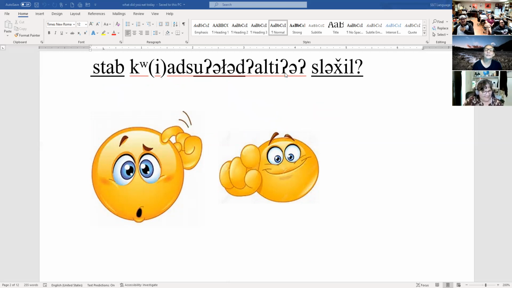All right, so we got stab quads ushed. This one you can switch out and you can say slachel, two doklish dot.